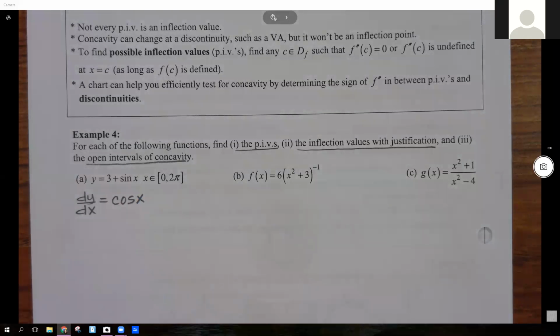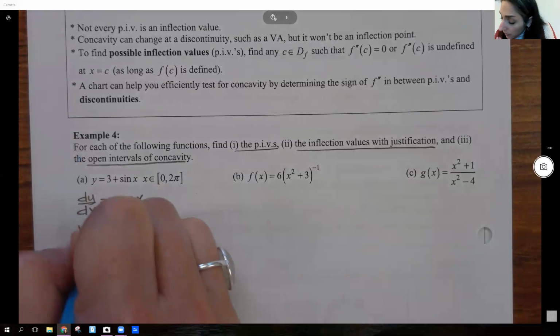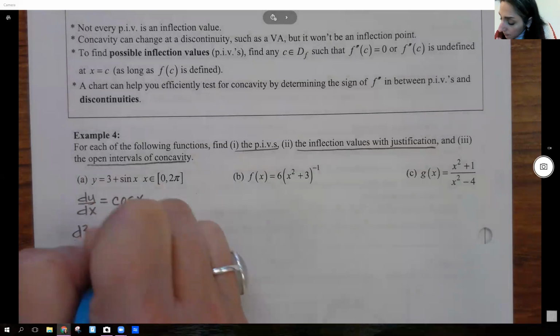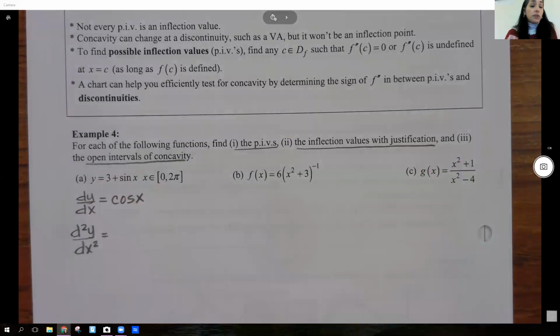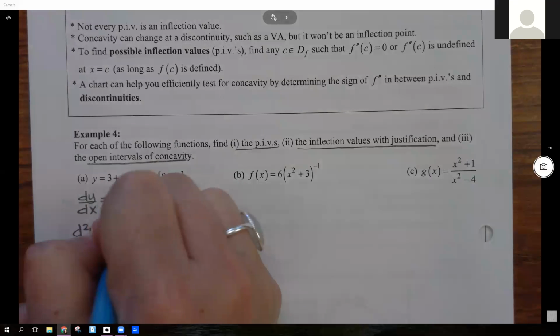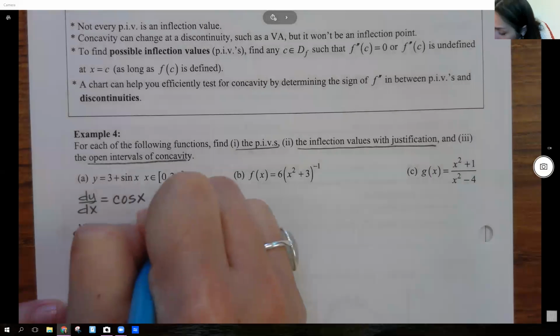All right, so that's the first derivative. We need to do the second derivative for this. So now we're going to take the derivative again. The derivative of cosine x is negative sine x. Yep, negative sine x.